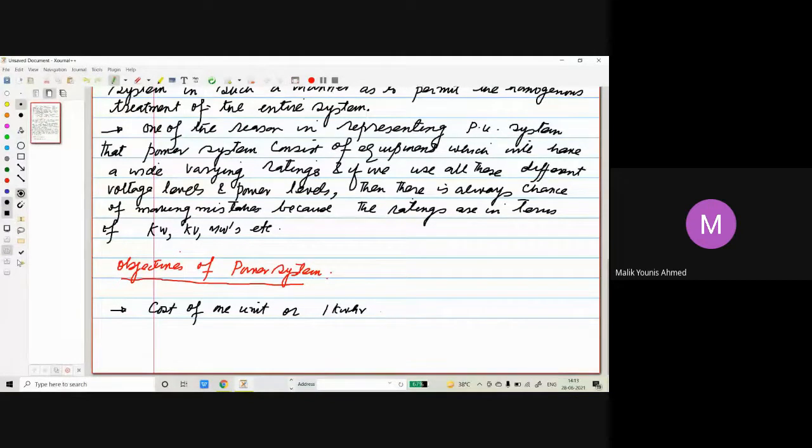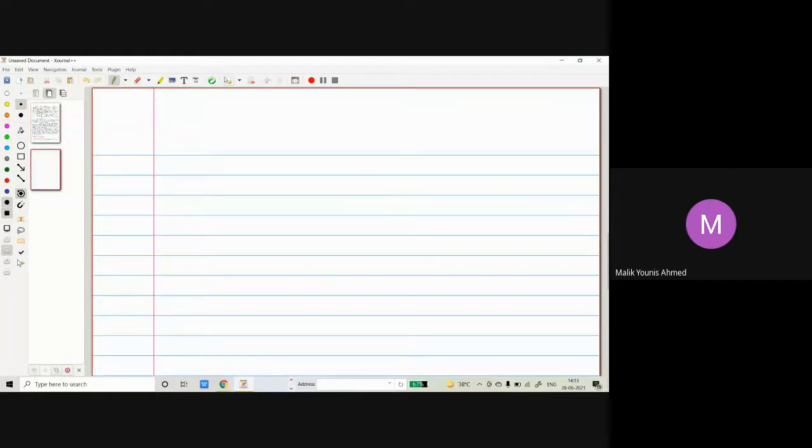That should be minimum. So number one objective is this one. Number two objective is that fluctuations in voltage and frequency should be minimum. Why are they required?